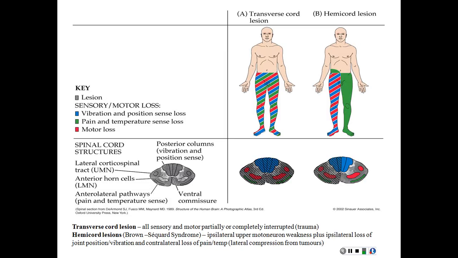So the motor neurons that are below this level of the injury in the spinal cord are denervated. They're not receiving that motor information. So you get this paralysis on the side of the injury. The descending information doesn't make it past the injury site, and therefore these motor neurons down here, your lower motor neurons, are not receiving information. They don't work.